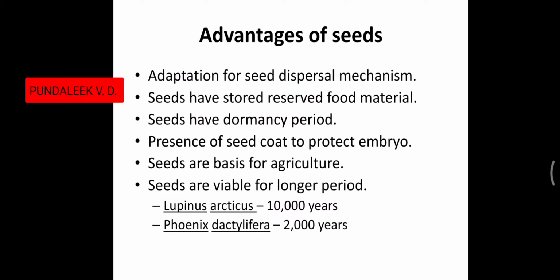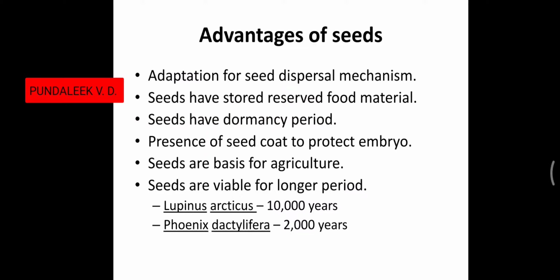Then the second advantage: they have reserved food material. We know that during double fertilization, the second kind of fertilization is triple fusion. The product formed due to the triple fusion is the endosperm. That endosperm is nothing but reserved food material, which stores food in the form of starch.